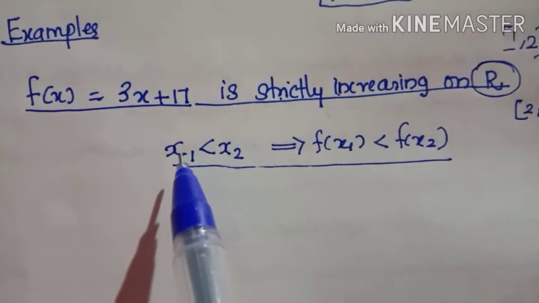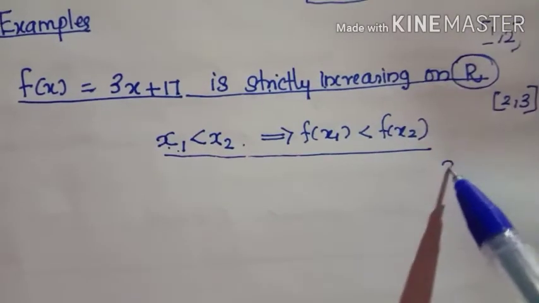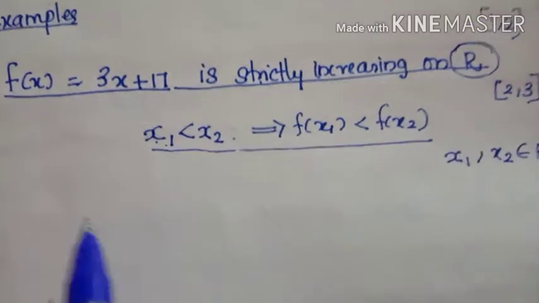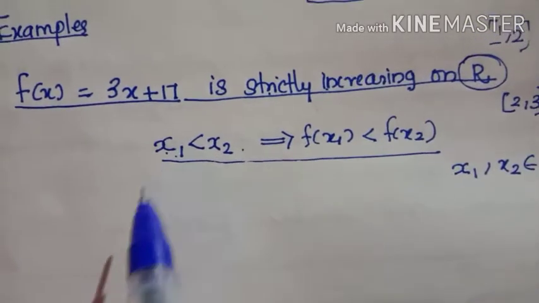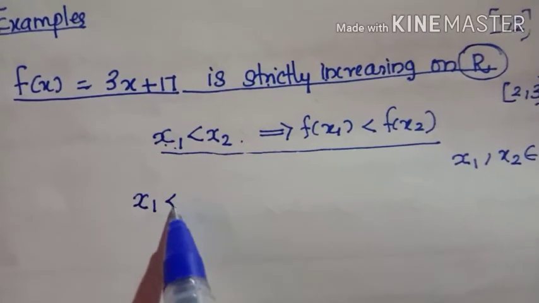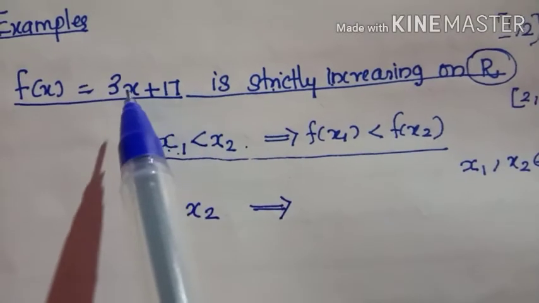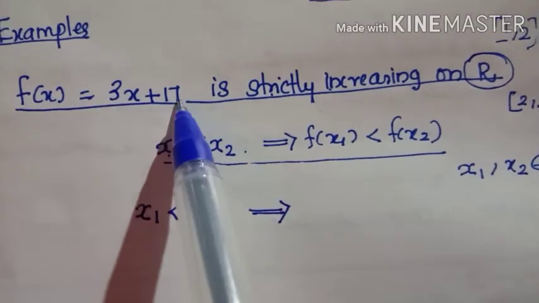So x1 and x2 are any two real numbers. Let's start with this inequality: x1 is less than x2 implies, let us see the function, we have 3x plus 17.